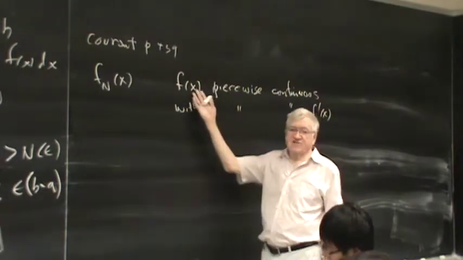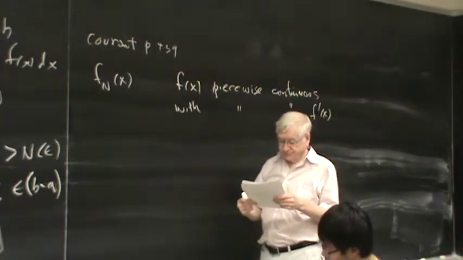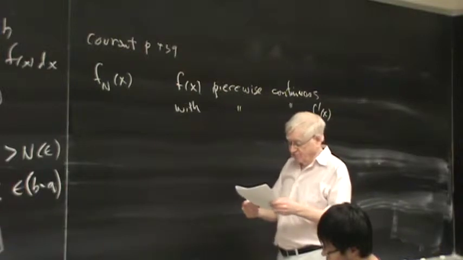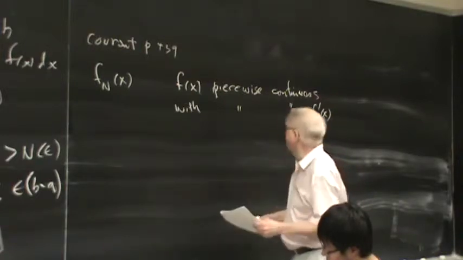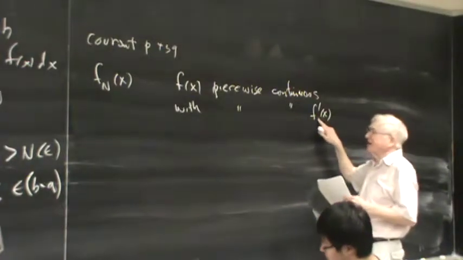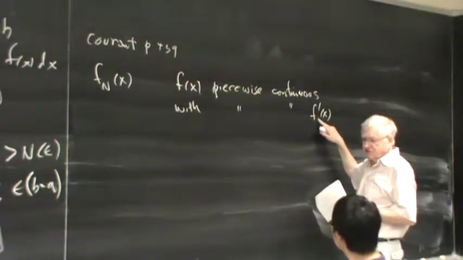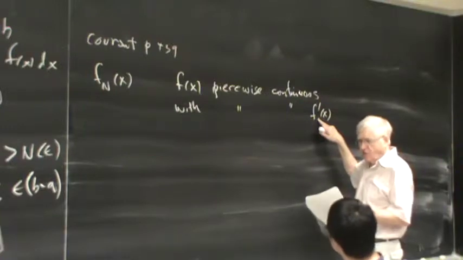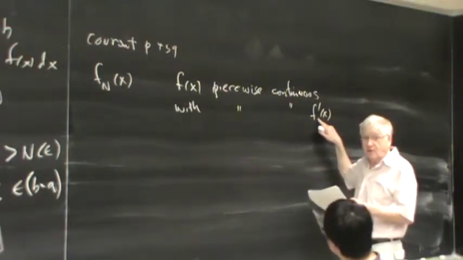So in other words, we have f of x on an interval. It's piecewise continuous, and moreover, you can differentiate it, and when you do differentiate it, the derivative is almost continuous. That is to say, it's piecewise continuous.